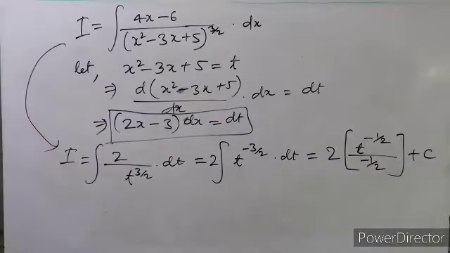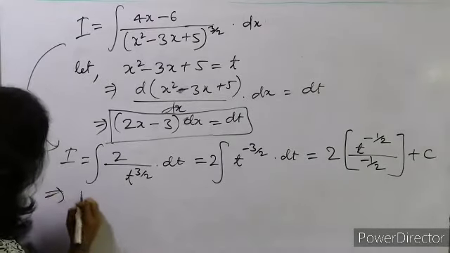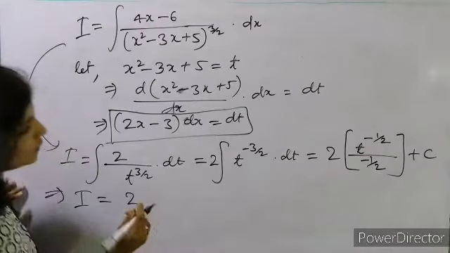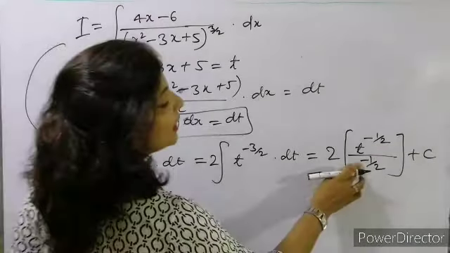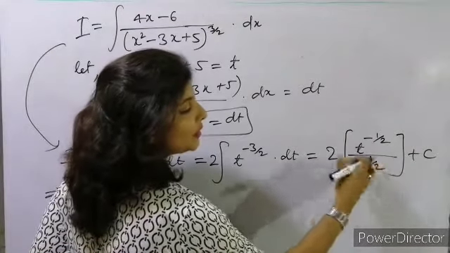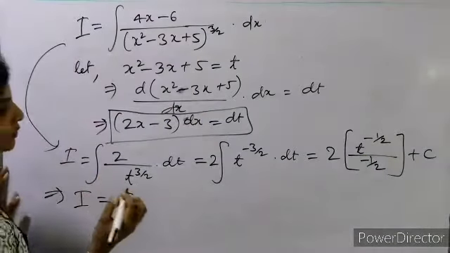Now what will be the value of I? 2 into 1 upon minus 1 upon 2. Since it is in the denominator, we can multiply by minus 2.